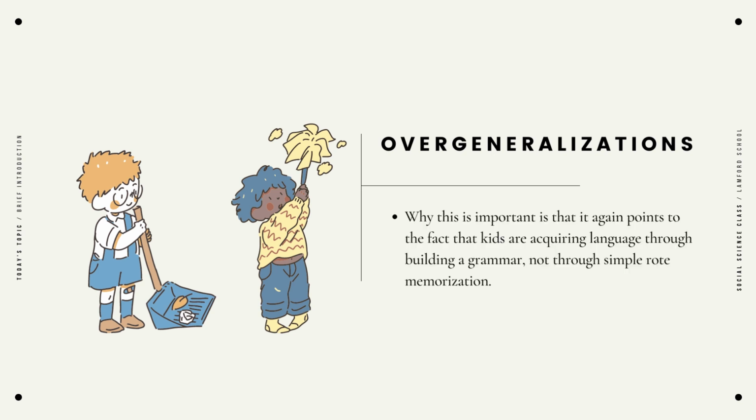Why this is important is that it again points to the fact that kids are acquiring language through building a grammar and not through simple rote memorization. Like the thing that I mentioned earlier, they're not just memorizing and copying what they hear, they themselves are figuring it out. And that makes it impressive.